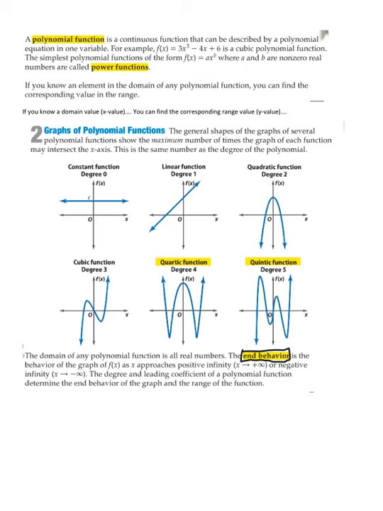End behavior is the behavior of the graph. Like I was talking about yesterday, it's the behavior of the graph of the function as x approaches positive infinity or negative infinity.